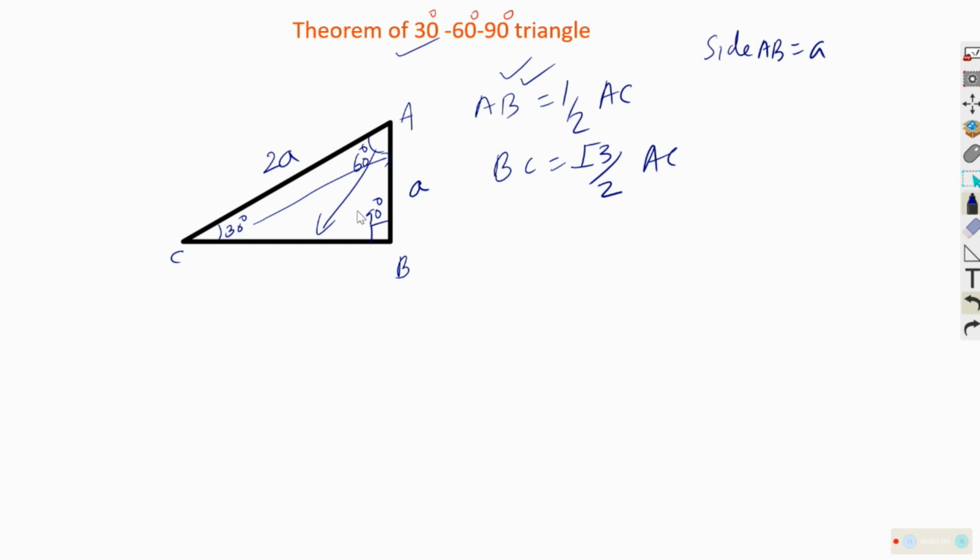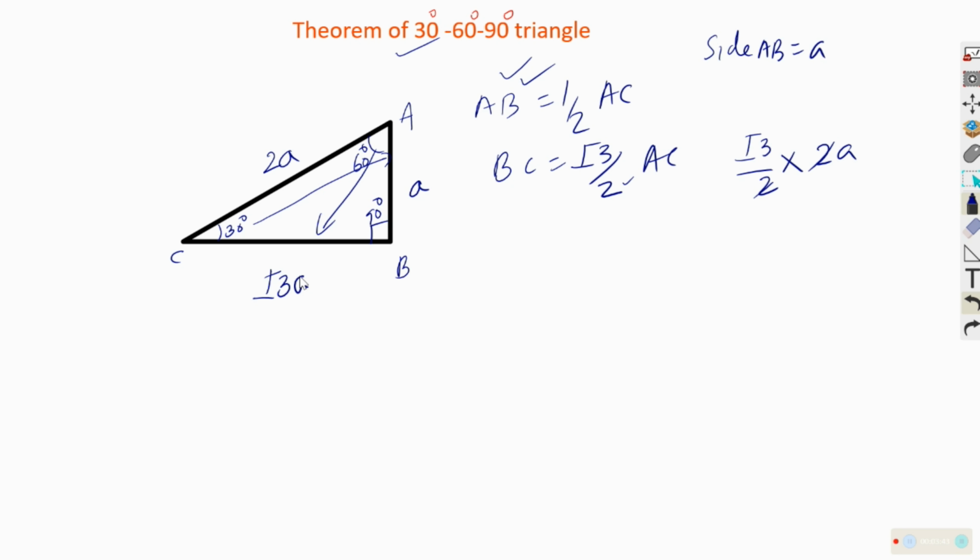And the side opposite to 60 degree is root 3 upon 2 of AC. We got AC now. So root 3 upon 2 of AC, which is 2A now, we will cancel this. So naturally this will become root 3A. We applied that theorem of 30, 60, 90 degree in terms of sides now. We are slowly getting close to trigonometry.